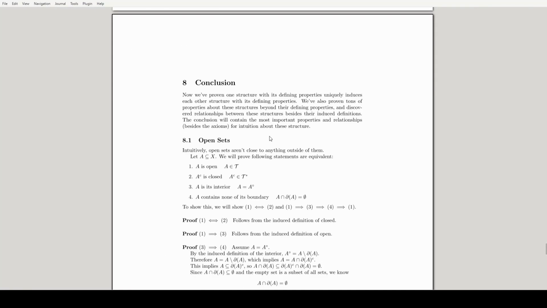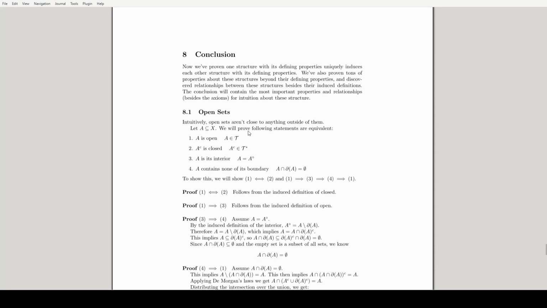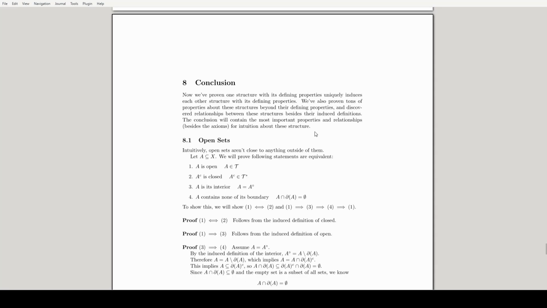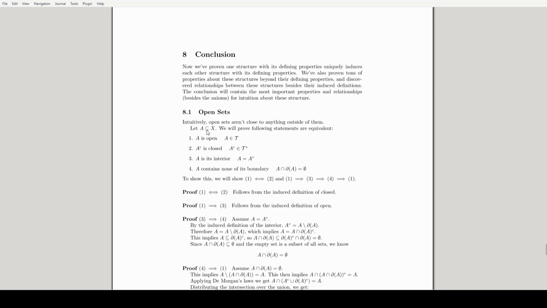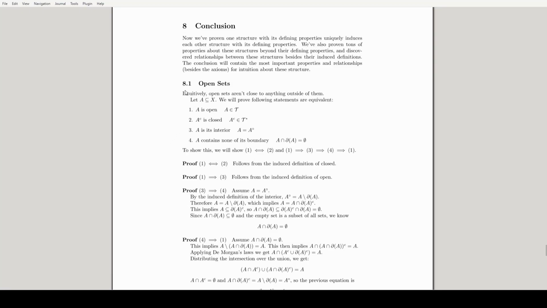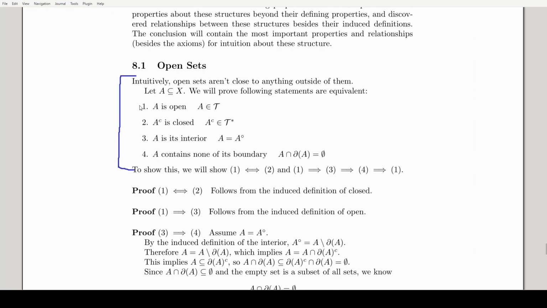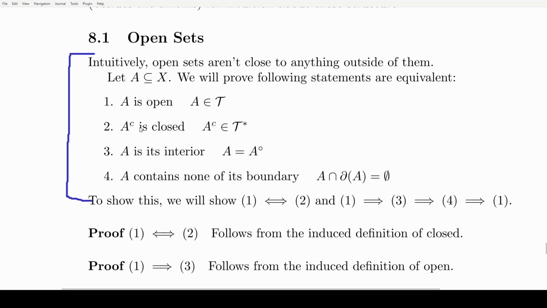Okay. And then for the conclusion, we have the main relationships, the main takeaways, the most important things. There's like a billion ways to say A is open, and this covers them. If A is open, then A complement is closed. These are all equivalent. So A is open is equivalent to A complement is closed, which is equivalent to A is its own interior, which is equivalent to A contains none of its boundary.